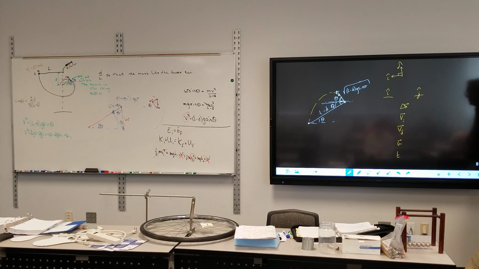J hat acceleration is negative 9.8. And for right now, I'm going to leave it as negative g, and we'll substitute the number in. 0 for i hat.